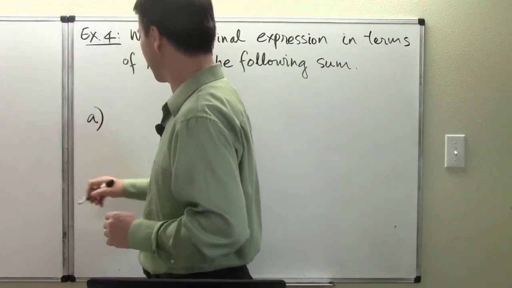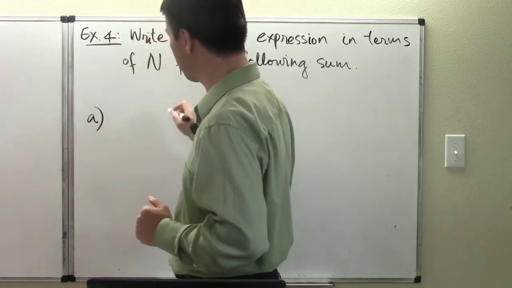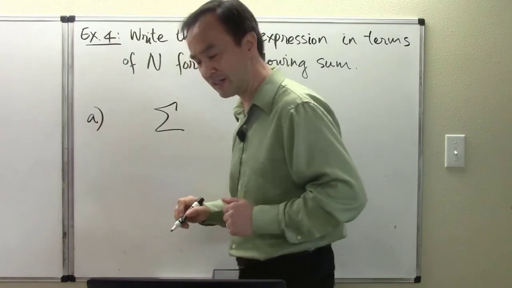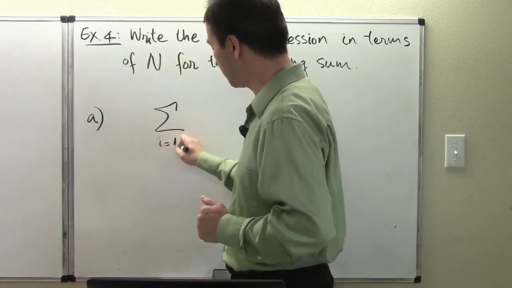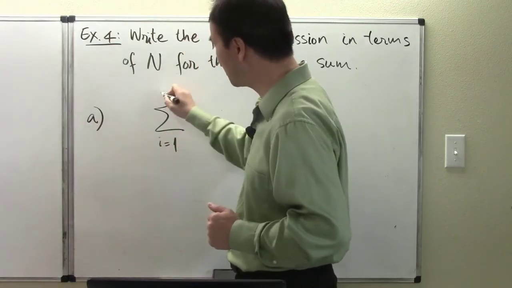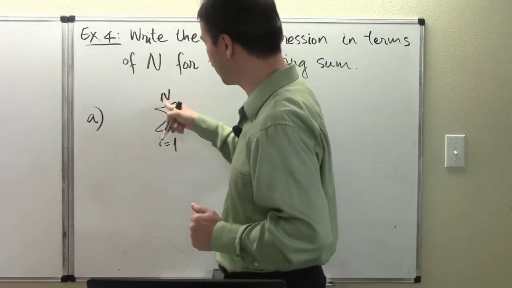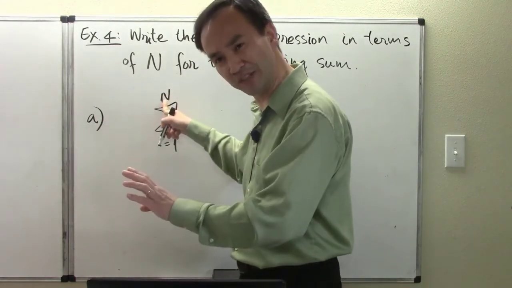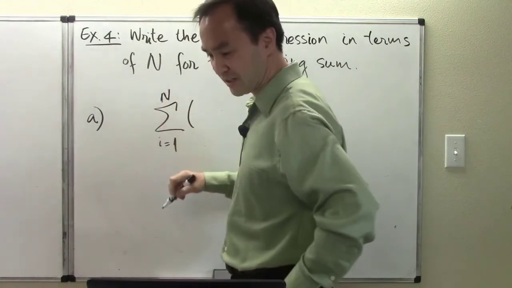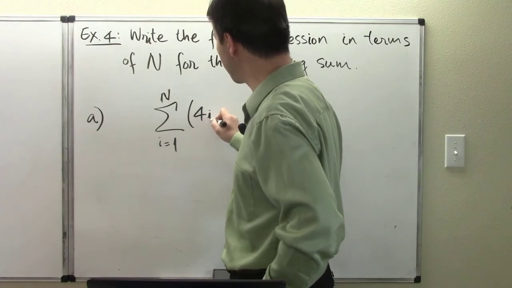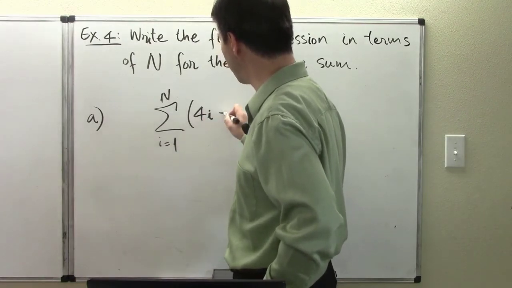So here we are given the following sum, a summation indexed from 1 to n. From our experience up to this point, this capital N is the number of terms in our sum, and each term is determined by the formula 4i minus 3.